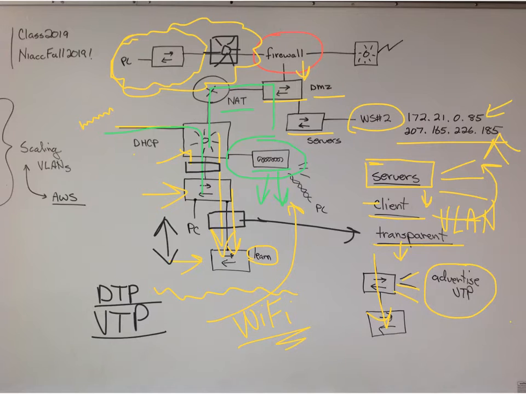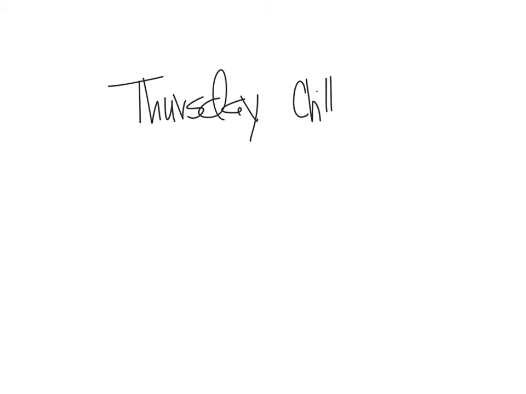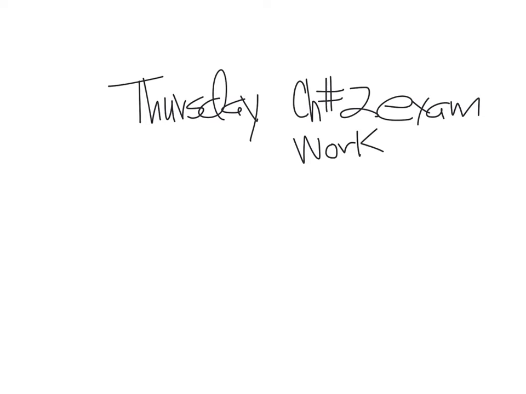Now, let me mention one more thing. On Thursday, the students can take the chapter 2 exam, and they can work together. Just don't look up the answers, but you can discuss the questions.